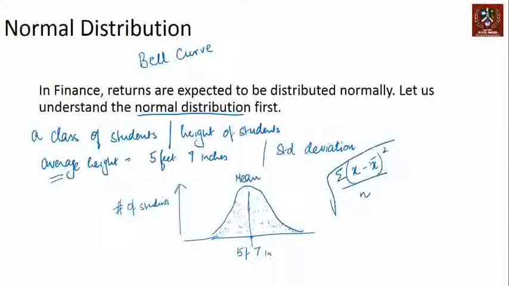If we see how this centering around the mean works, this kind of curve, which looks like a bell-shaped curve, is called a normal distribution.